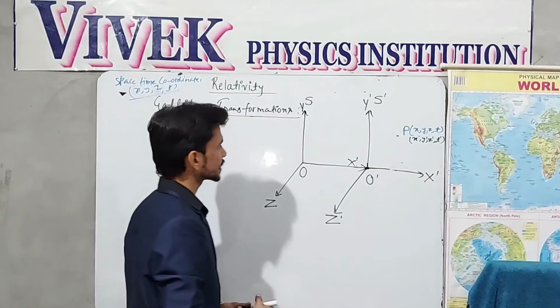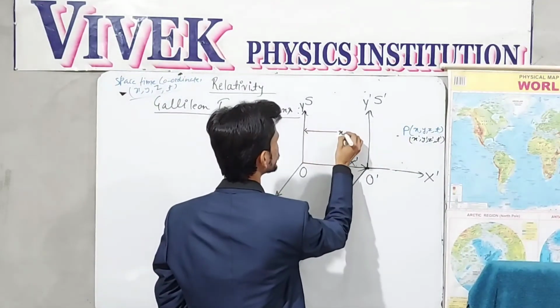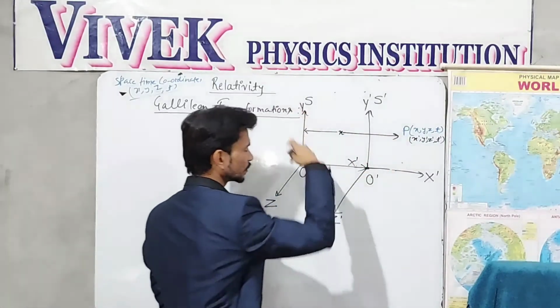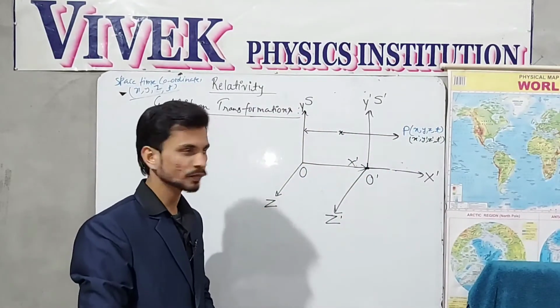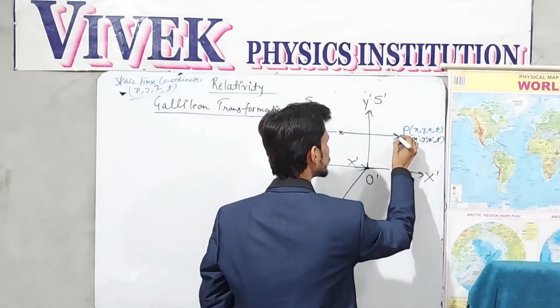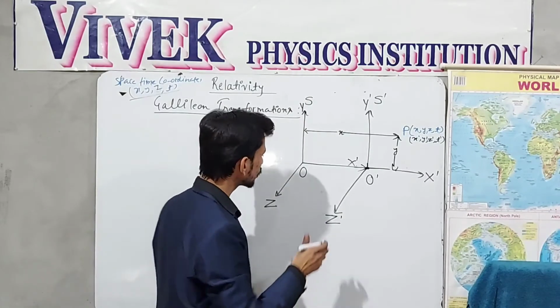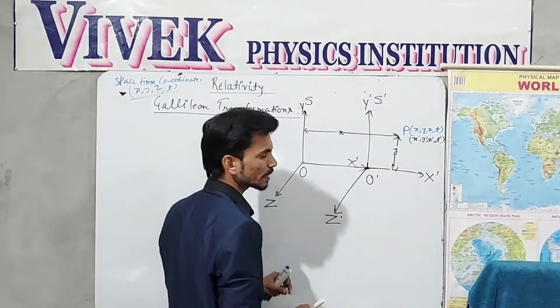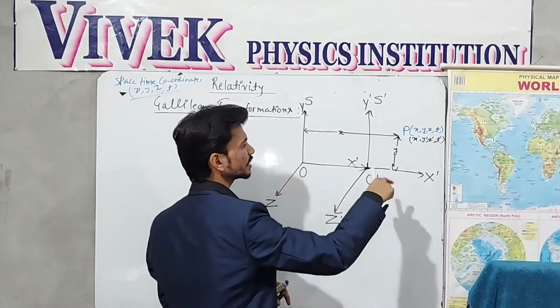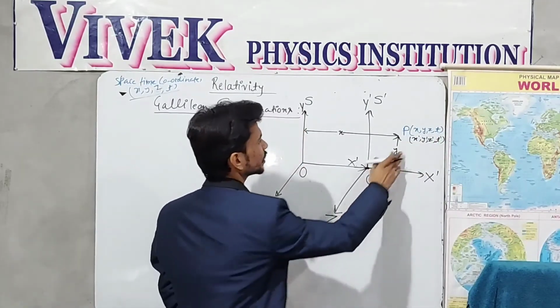So as I have told you, this particle P is separated by x distance from the first frame of reference. It is also separated by the y distance in the y axis according to this frame of reference, and it is also separated in the z axis, with the coordinate z.